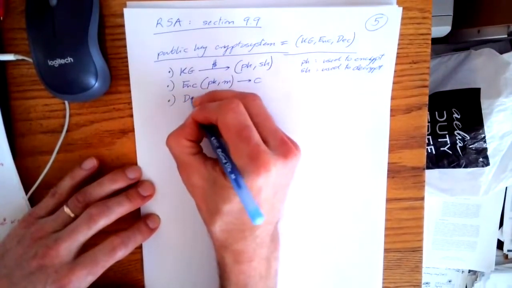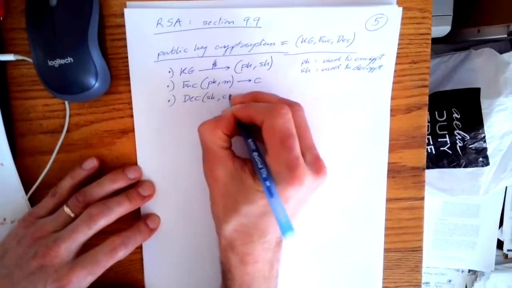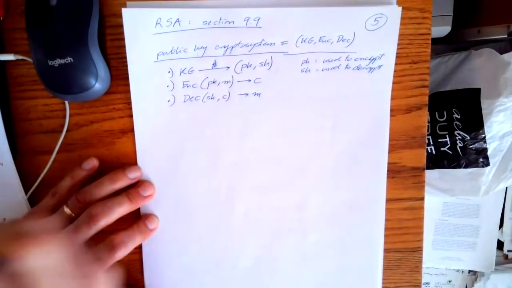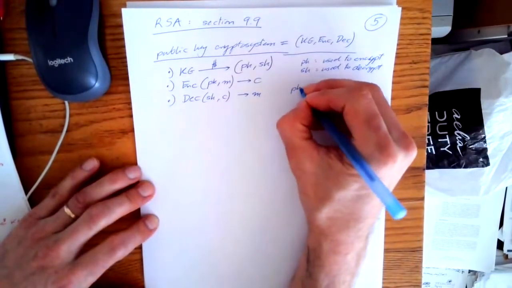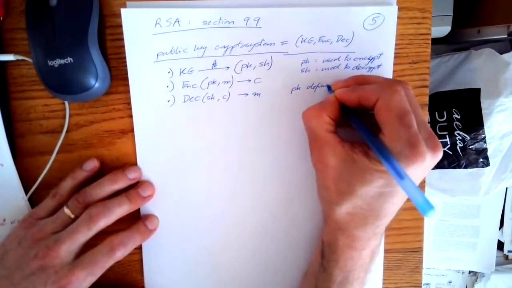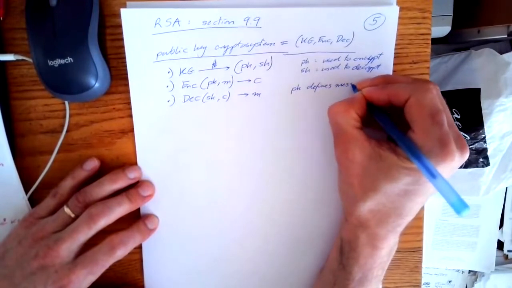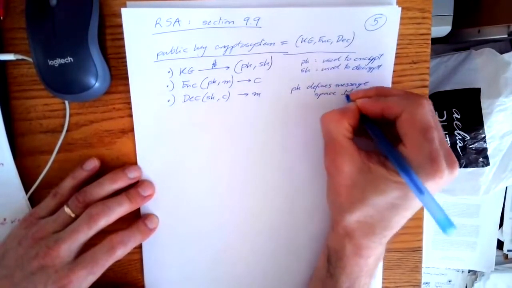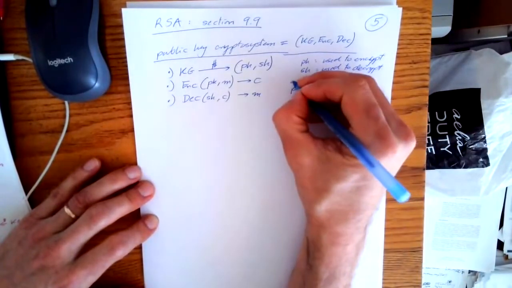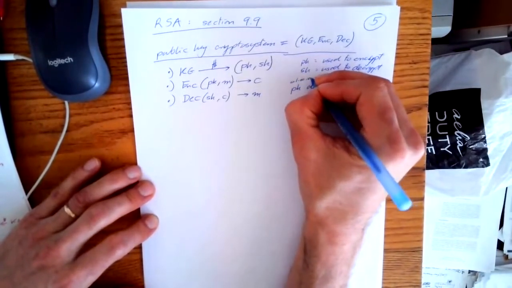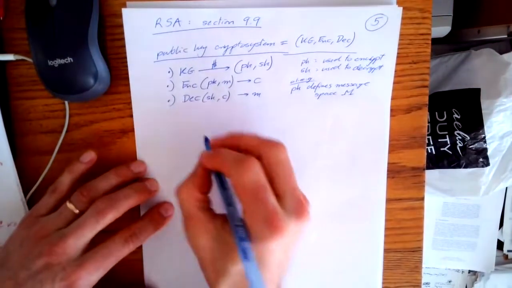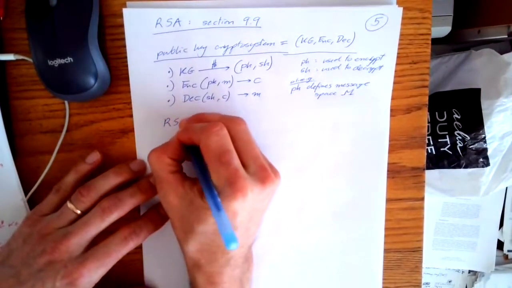And when you run decryption on the secret key and that ciphertext, it gives you the message back. And usually the public key defines the message space. Okay, so without loss of generality, the public key defines a message space.